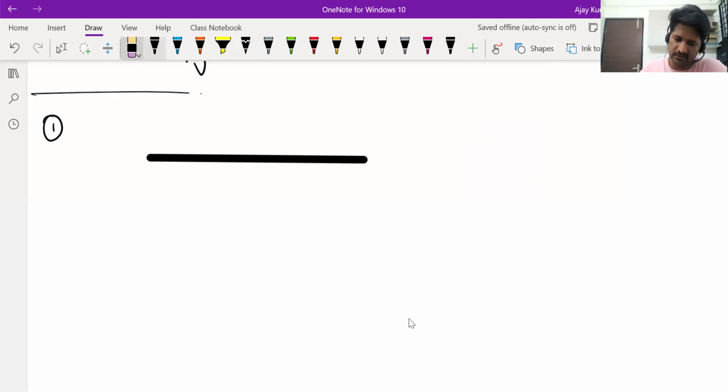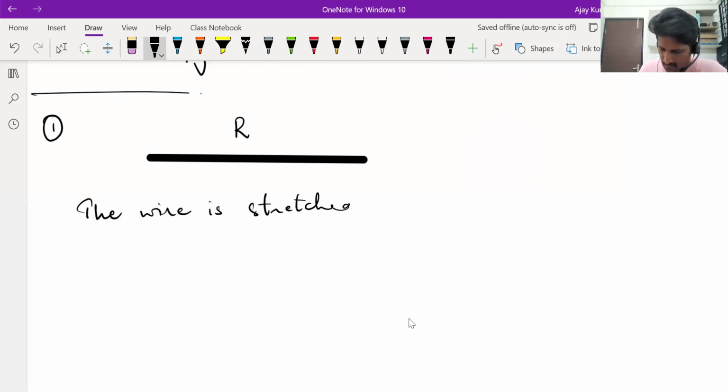Assume its initial resistance is R. Now the wire is stretched to say twice its length. Calculate the new resistance.